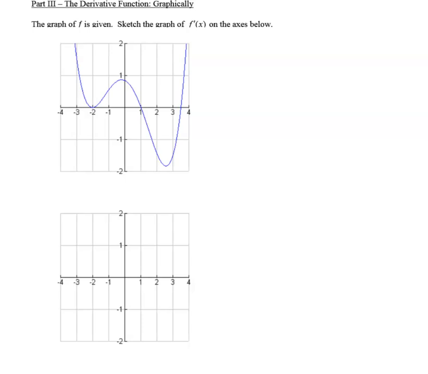So the very first thing we're going to do is come up with the first rule to follow, and that is going to be to find where there are horizontal tangent lines on the function f. So you want to find where f has horizontal tangents. And where f has horizontal tangent lines, that means that f prime is going to equal 0.